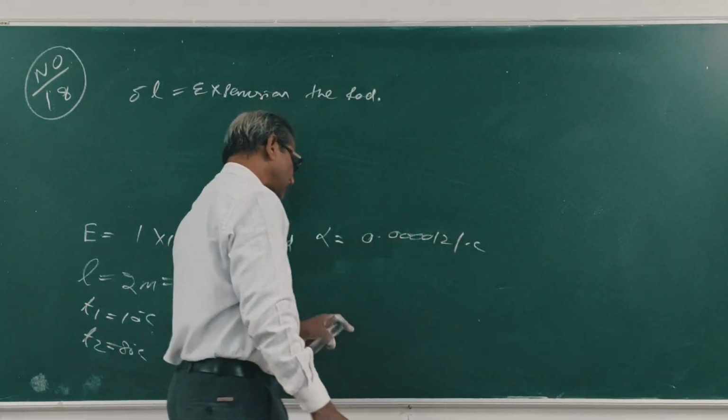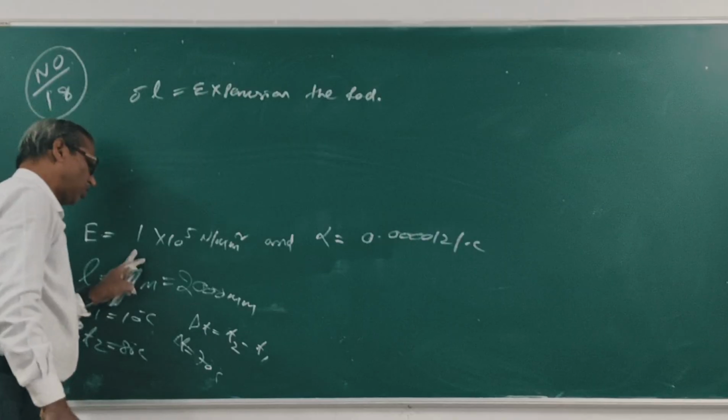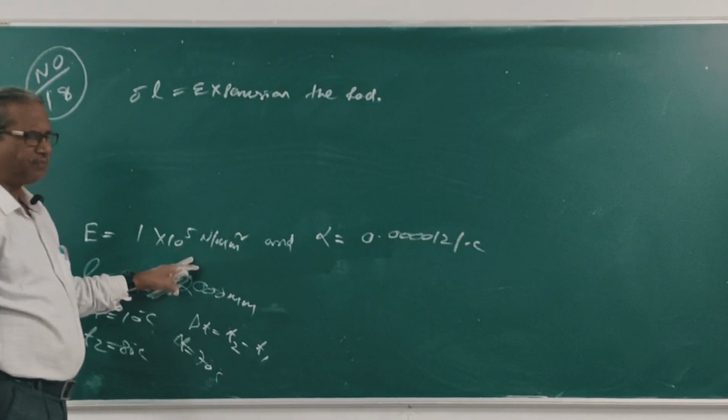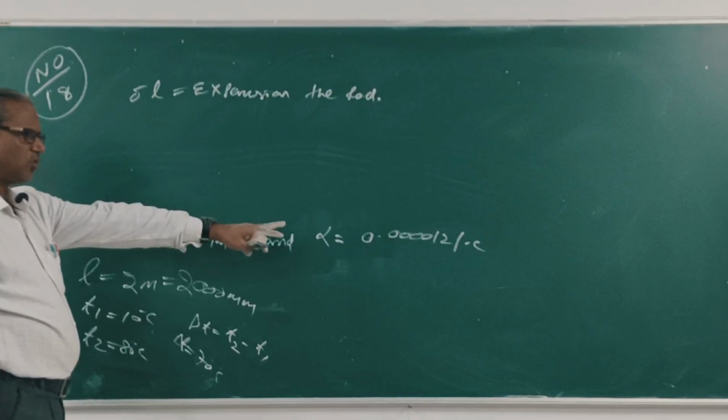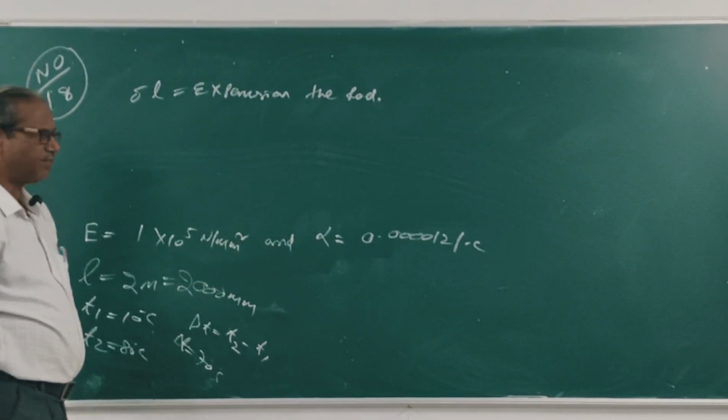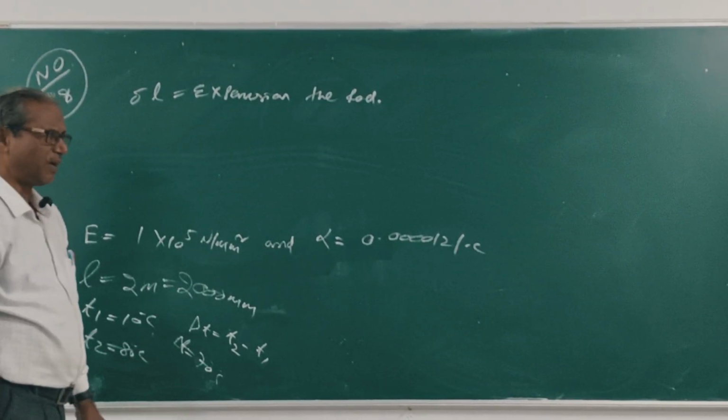Clear? In this case, Young's modulus is equal to 1 into 10 to 5 Newton per mm square and alpha is equal to 0.000012 per degree centigrade. Clear?